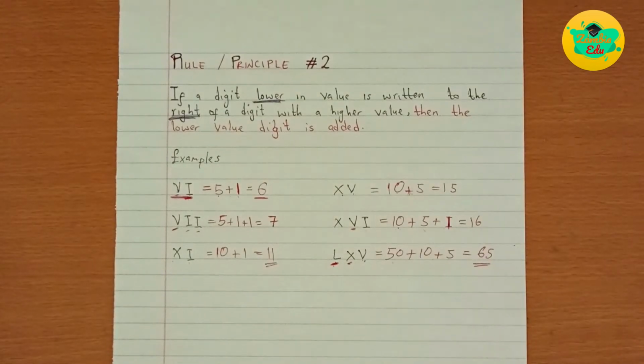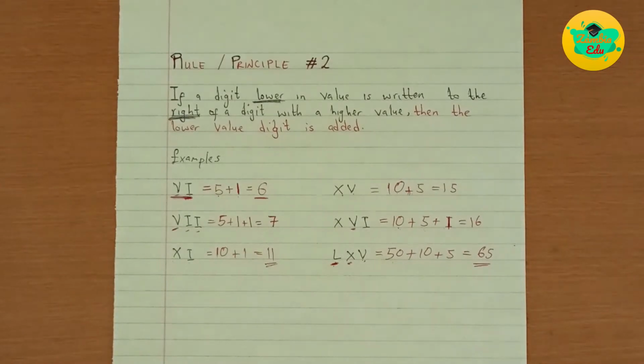So every time a digit which is lower in value is written to the right of the digit with a higher value, you should remember that it calls for you to add the value or the values of the digits lower in value to the one with the higher value.